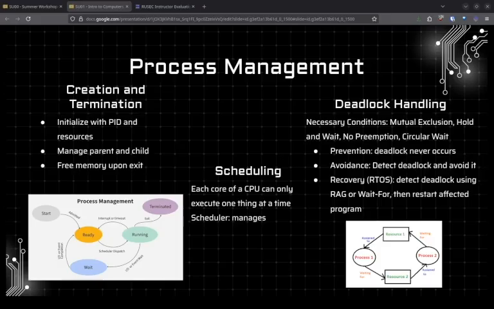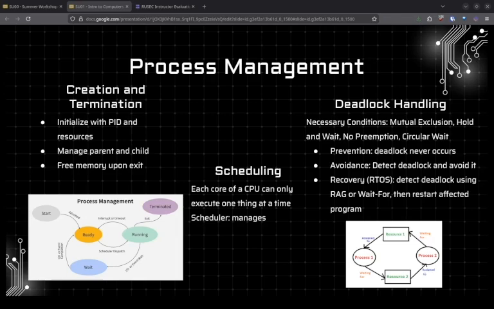When the user wants to execute a program, the kernel has to first allocate resources and spawn a process. It needs to allocate it, for example, a PID, which is a process ID number, and resources, for example, memory, and give it a CPU thread. What the kernel also does is manage parent and child relationships between processes.